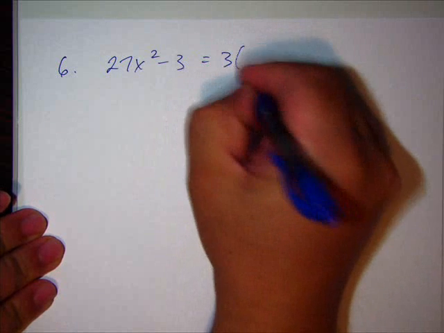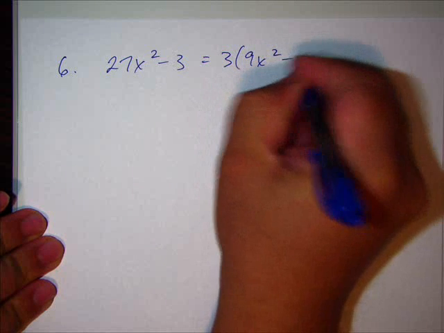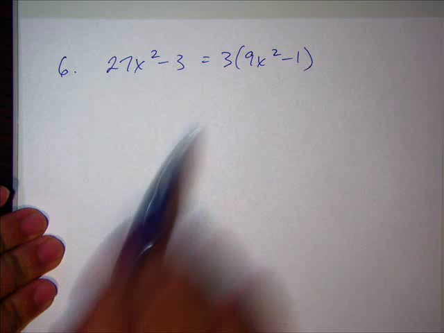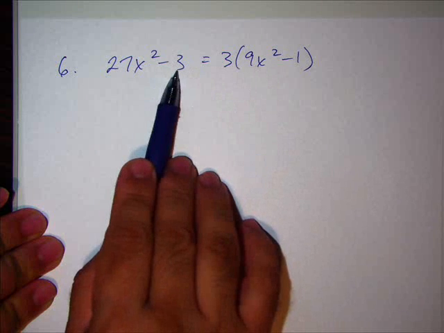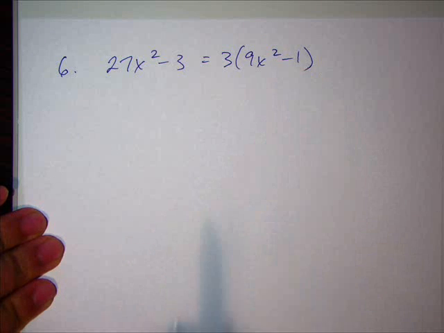Common factor of 3. Don't forget, 27 divided by 3 gives me 9. 3 divided by 3 gives me 1.